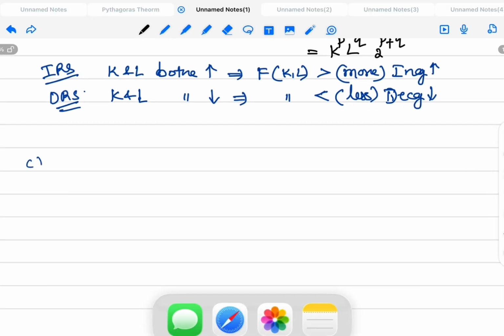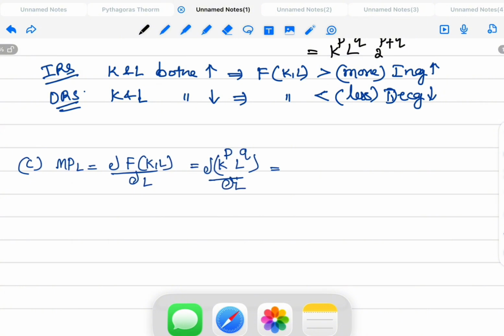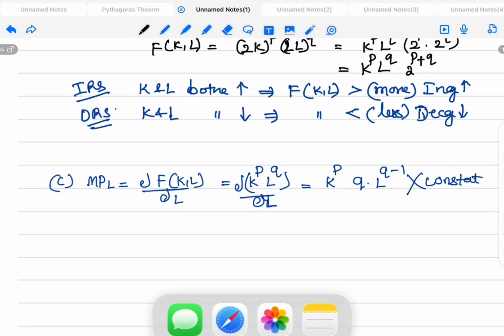MPL equals the partial derivative of F of K, L with respect to L, that is the derivative of K power P, L power Q with respect to L. With respect to L, K is constant, so it gives K power P, Q into L power Q minus 1. It's not constant, so option C is wrong.